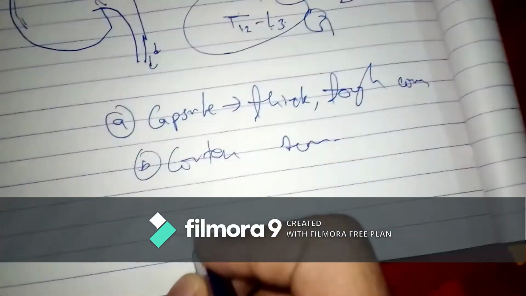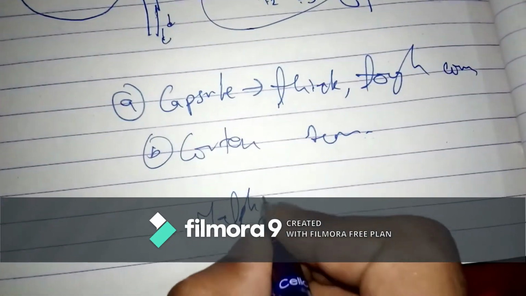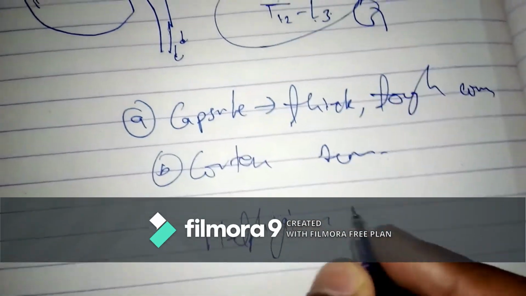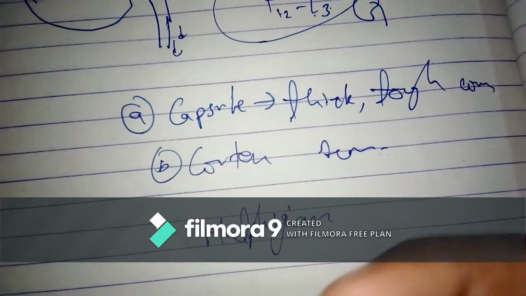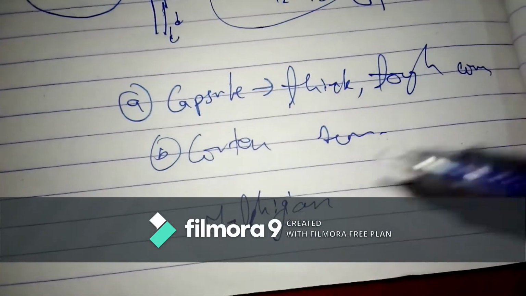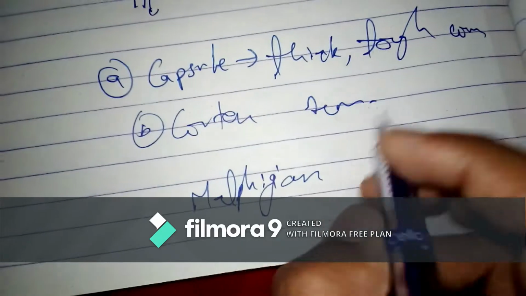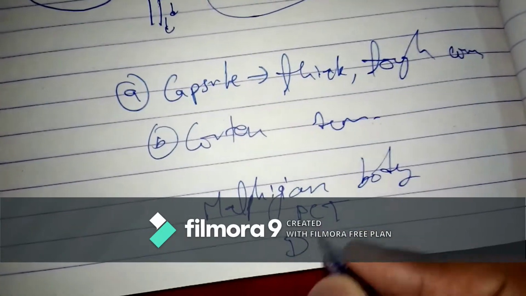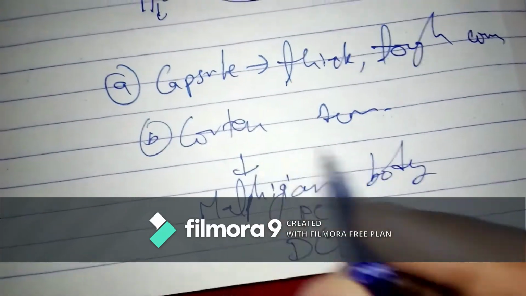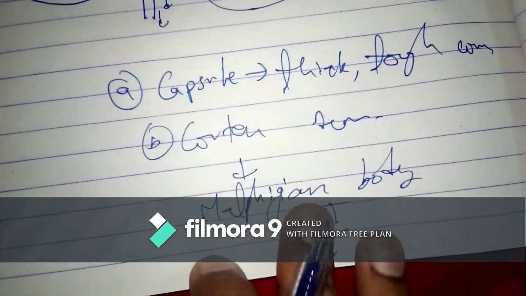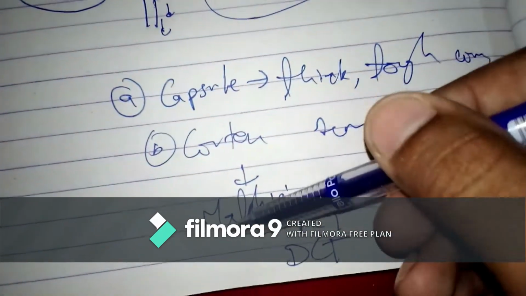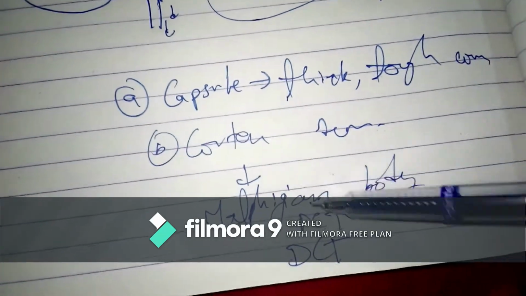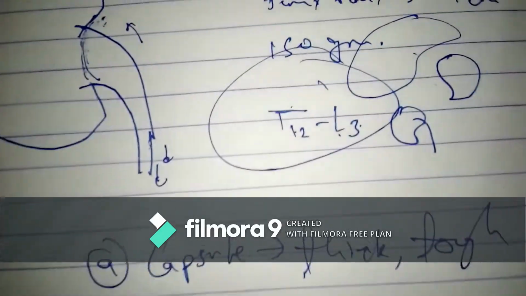It consists of Malpighian bodies, the proximal convoluted tubule PCT, and the distal convoluted tubule DCT. I'll teach you about these in the structure of nephrons. Then you'll understand how they are located in the cortex, and how the loop of Henle is located in the medulla.